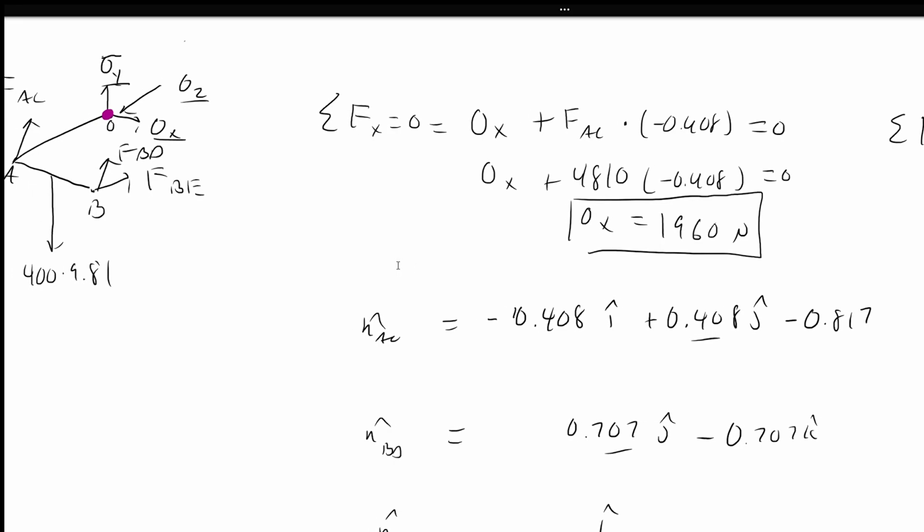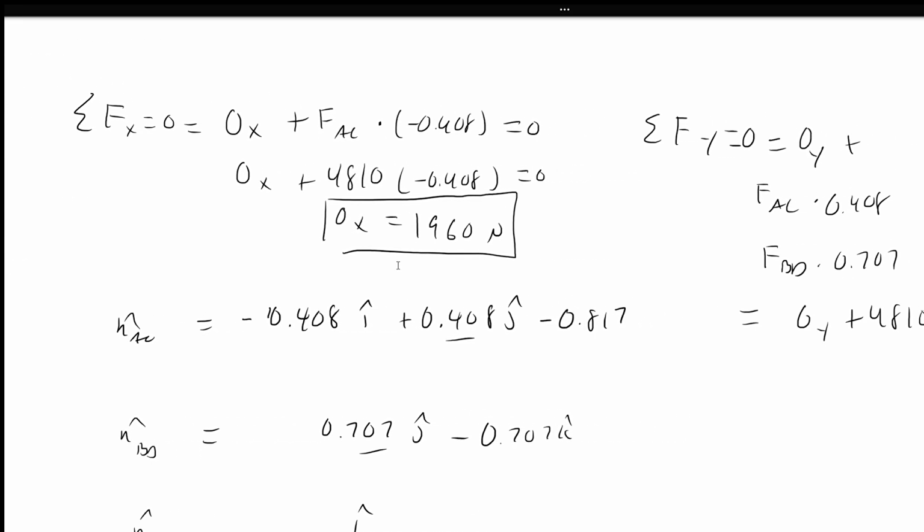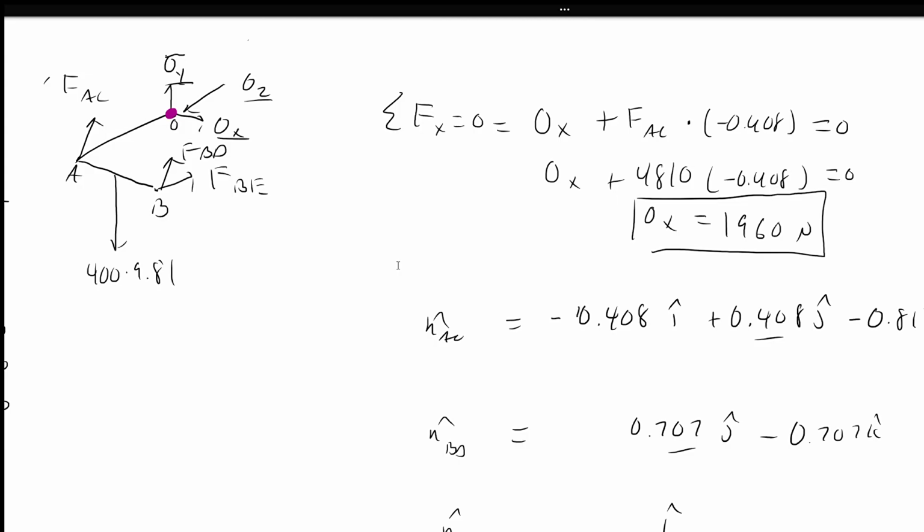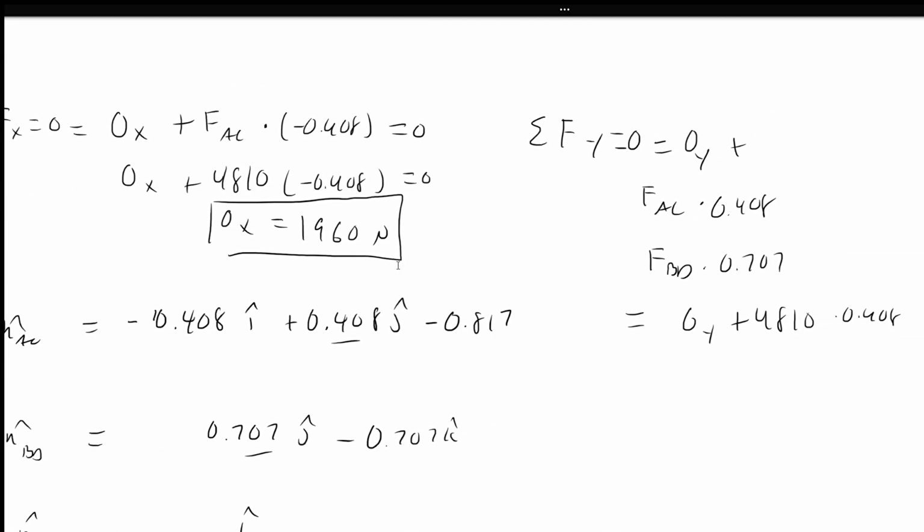This is y, right? Oh, and I need the weight, that's why. Yeah, alright, so I also need to add in one more, minus mg. So minus 400 times 9.81.